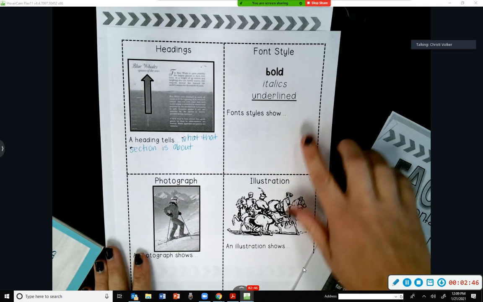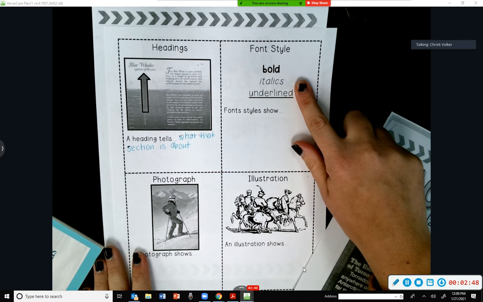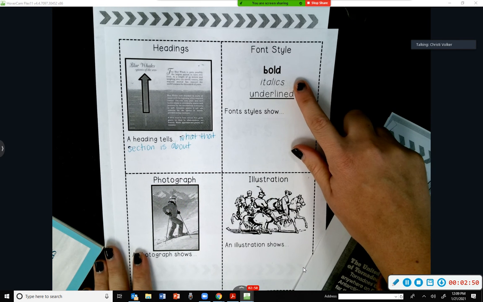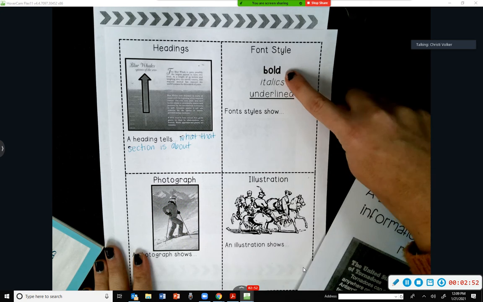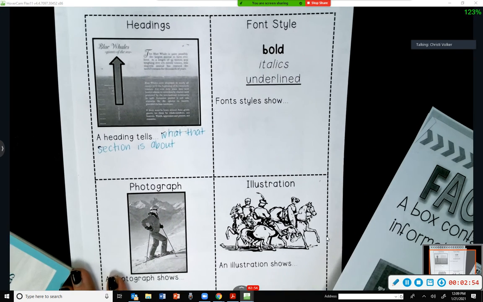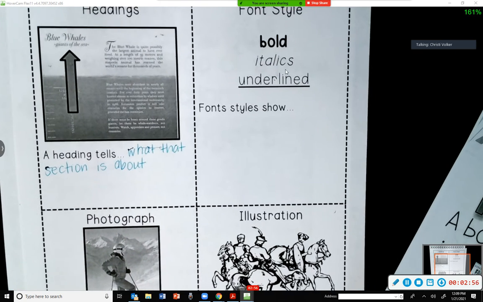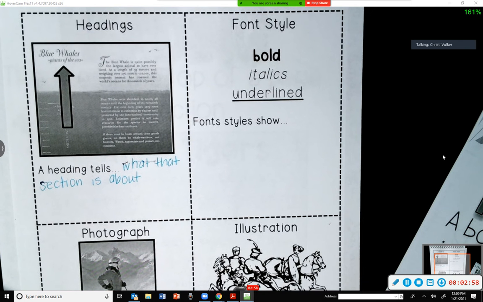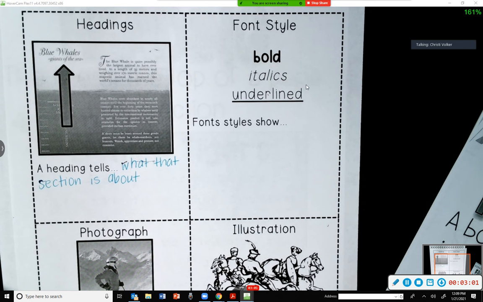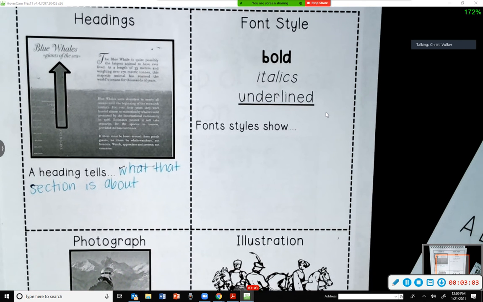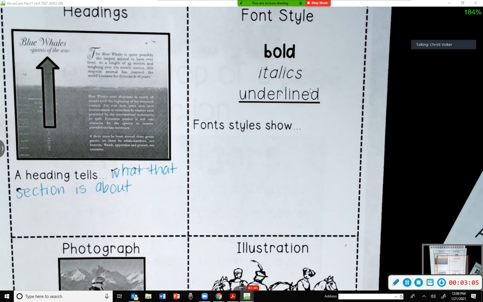Okay, the next square is font style. That's a text feature. Bold. Y'all know what bold means? Bold means the words are darker than the others. Italics, we've talked about that before. Italics is where the letters look a little slanted.